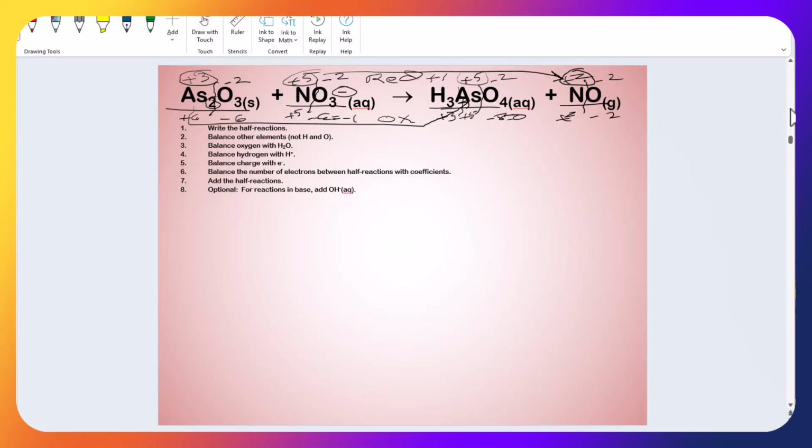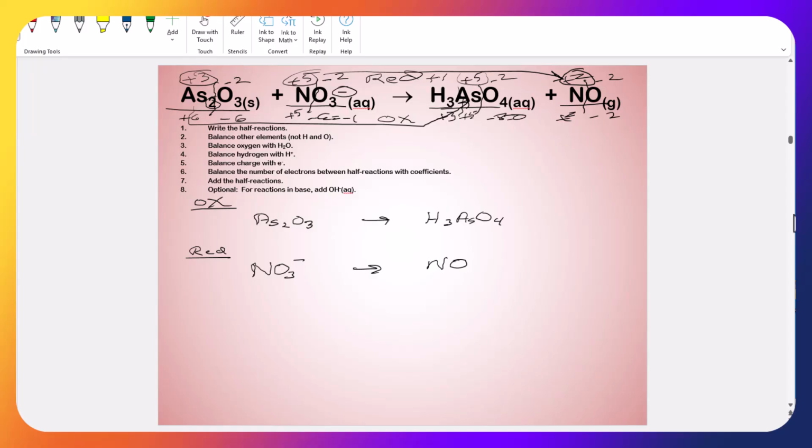Now remember, everything's happening over here on the reactant side. We just use the product side to tell what happened on the reactant side. So never choose what got oxidized or reduced from the product side. Okay, now we have written both the oxidation and reduction half reactions.